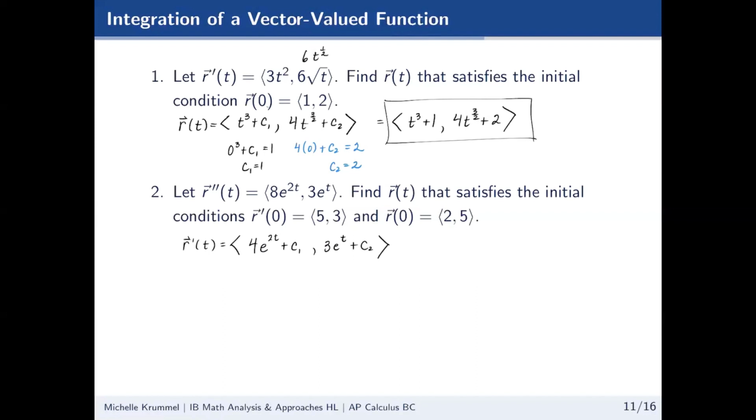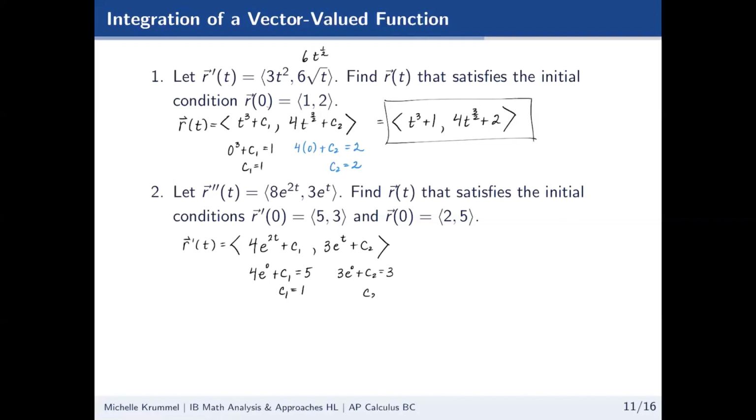Okay, and we can solve for these constants now. When t equals 0, r prime is supposed to have components 5, 3. So 4e to the 0 plus c1 equals 5. Subtract the 4 on both sides, and we have c1 equals 1. And then over here, 3e to the 0 plus c2 equals the y component 3.